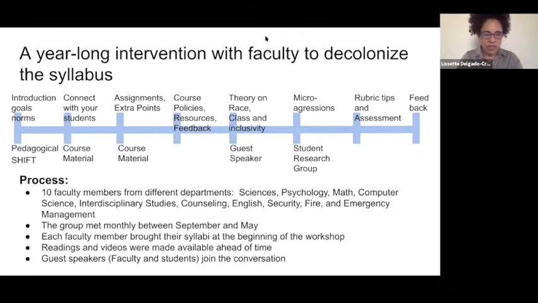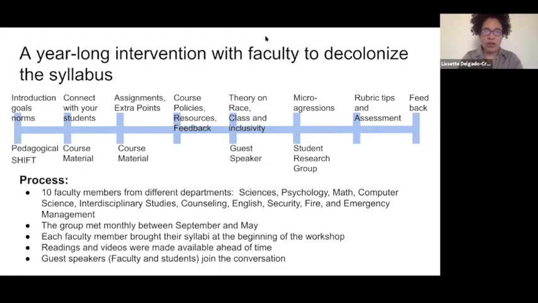We talked about connections with the students. You can see it there. I'll share with you some of the outcomes of these conversations in a couple of slides. We talked about assignments. We talked about how to use extra credits or extra materials within the classroom to promote this sense of inclusion. We talked about the policies and the resources and how to provide feedback and open spaces in the classroom.